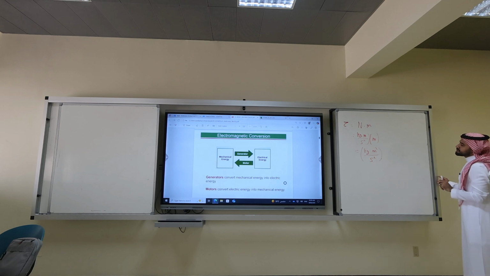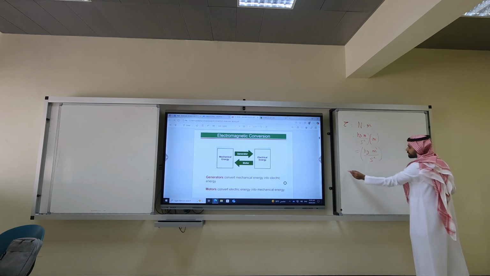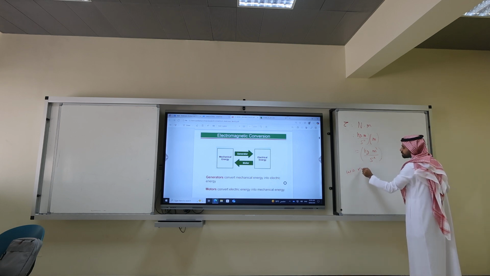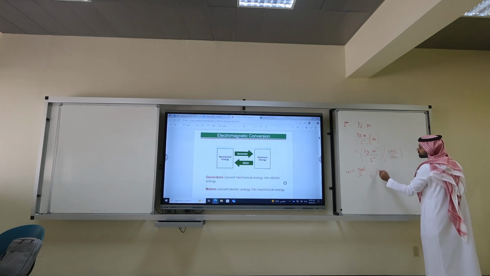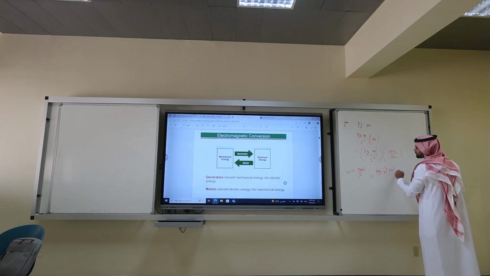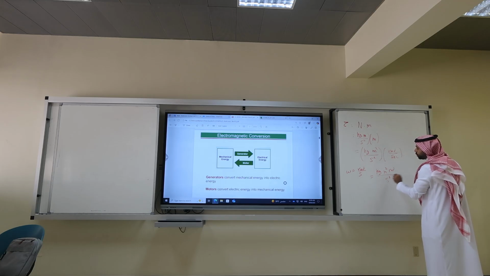What is the unit of omega? Radian per second. If I multiply these two, what should I get? Kilogram meter squared radians over second cubed.